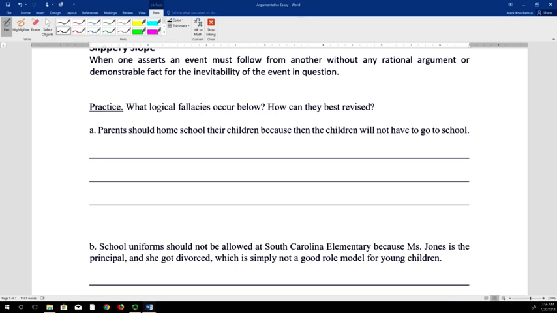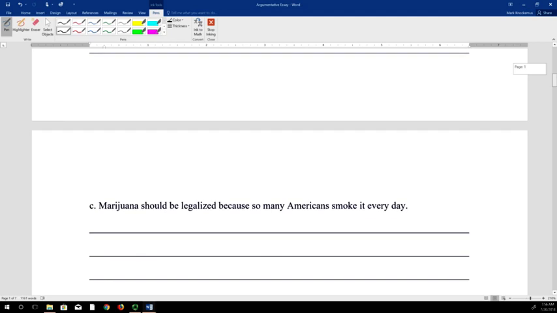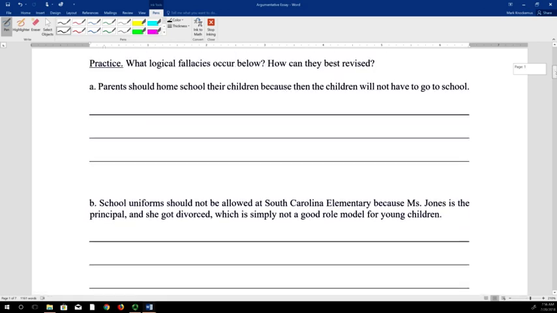So go ahead and pause this lecture. For each one of these practice statements here, you want to identify the logical fallacy and then try to revise it to eliminate the logical fallacy. So go ahead and pause the lecture now.